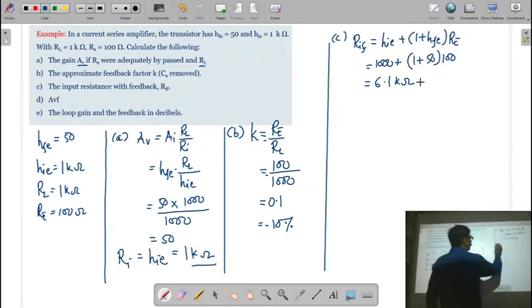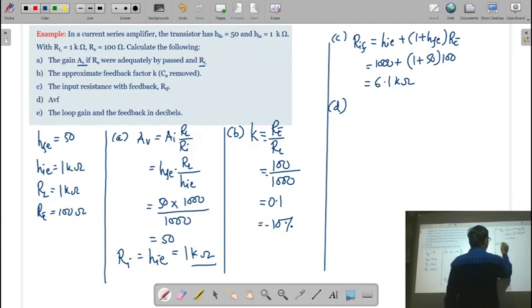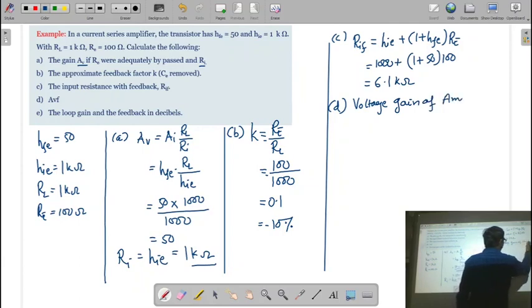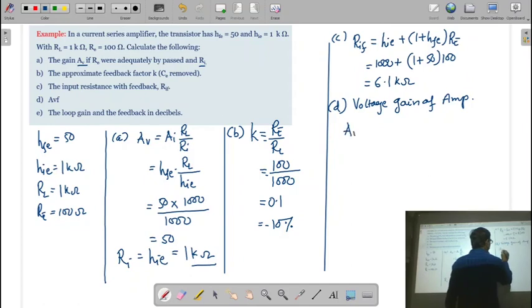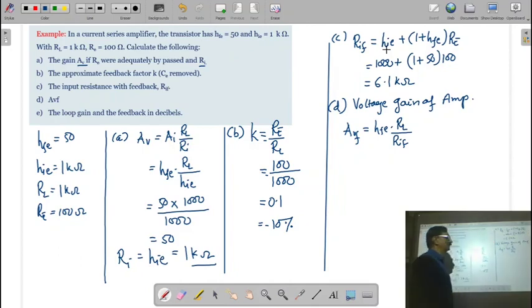Then the D part, that is the voltage gain of the amplifier. Okay? Again, we have already calculated the voltage gain of the internal amplifier. Then we can write that AVF is equal to HFE into RL divided by RIF, because RIF is HIE plus 1 plus HFE into RE, which we have already calculated.